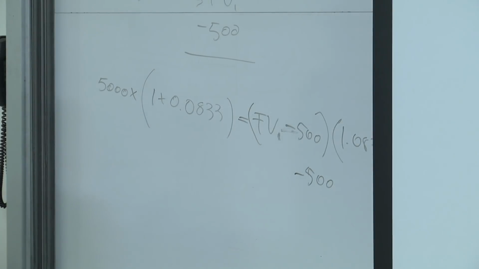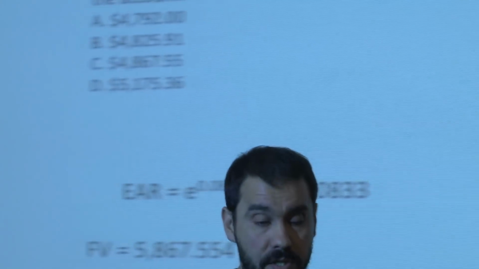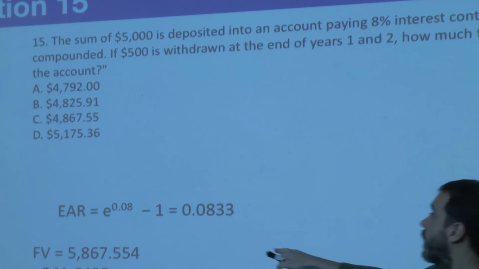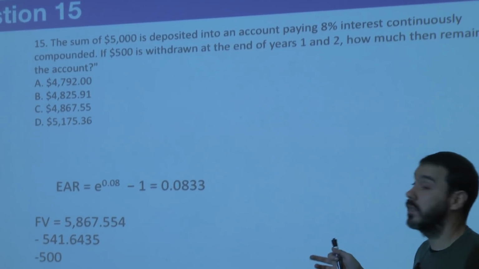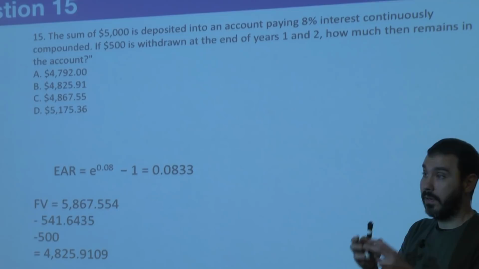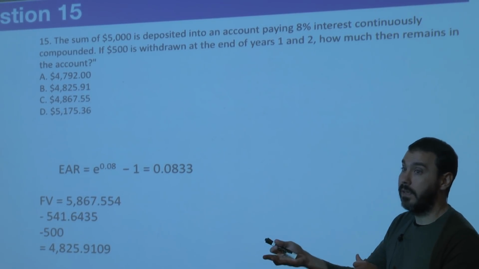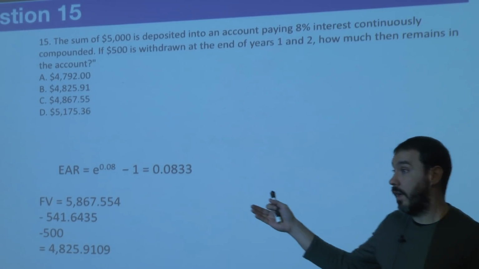I like it because I see sequentially what's happening. I have $5,000. After 1 year, it will grow by a factor of 1.0833. Enter. I see how much it is. Now I subtract 500. Then I earn interest another year. Then I subtract 500.